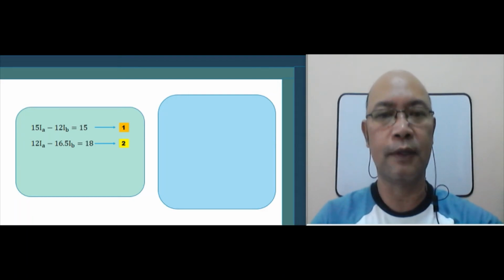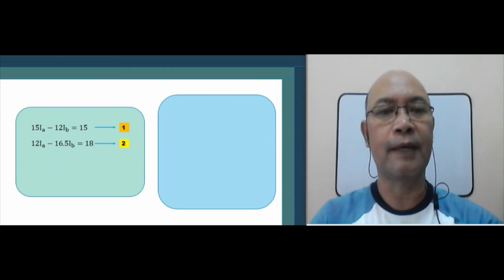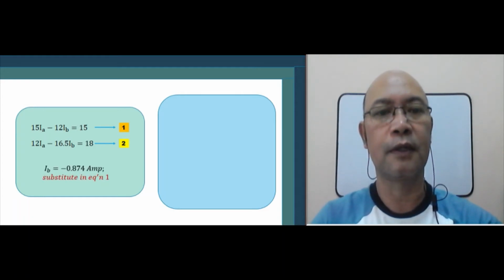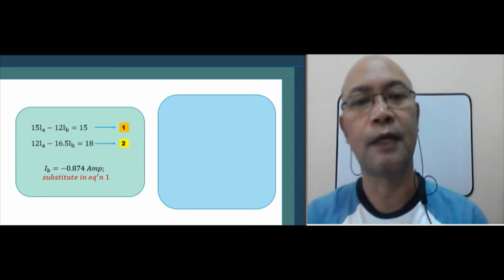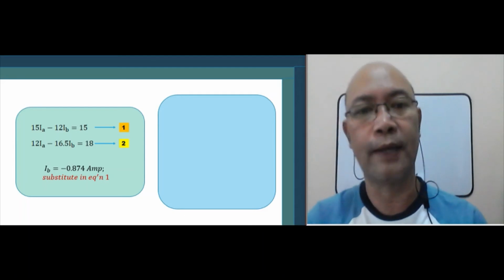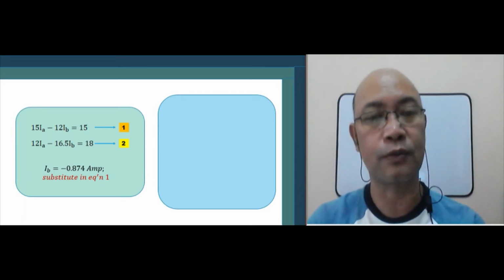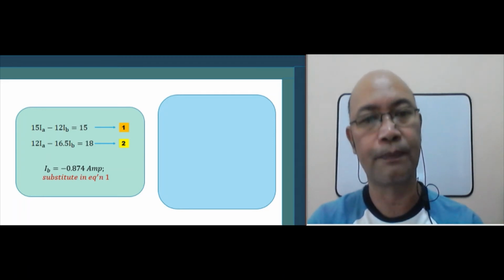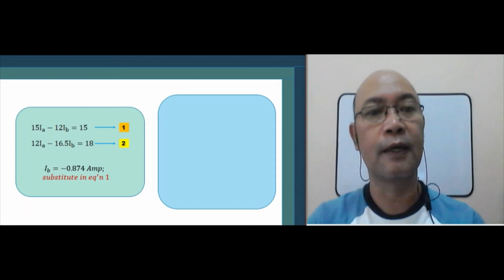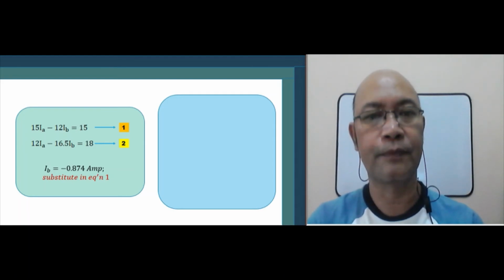Combining equation 1 and equation 2, we come up with IB equal to negative 0.874. We have two options here: we substitute IB in equation 1 or in equation 2, so that we come up with a value of IA.